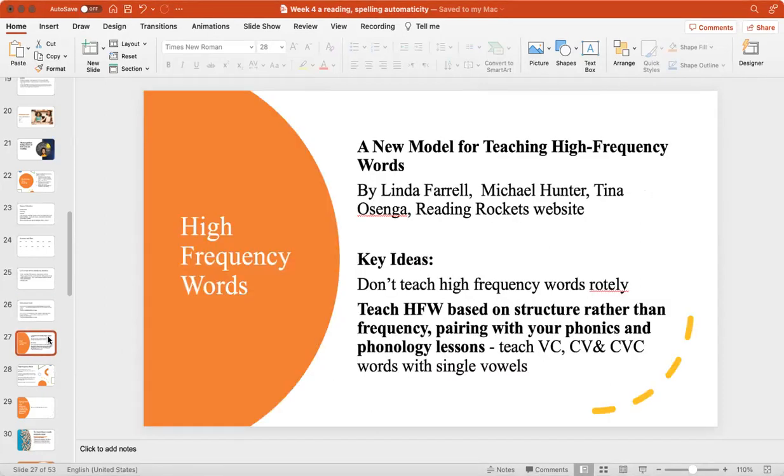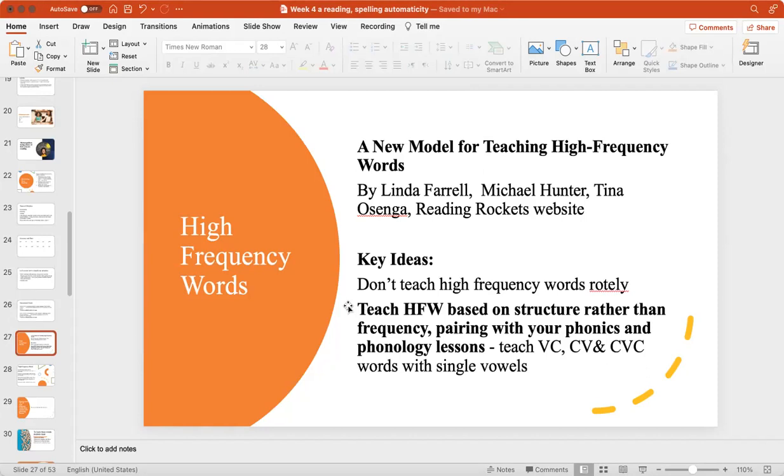So now we're shifting for the last 20 minutes to think about reading words. There is an article that I put in the Google shared documents, and it's there for you and printed out.